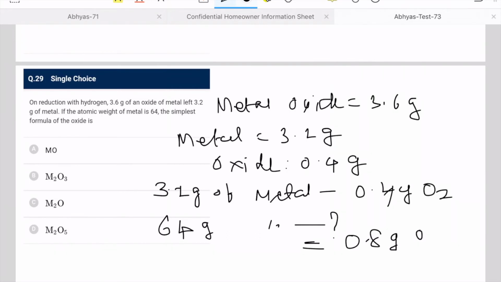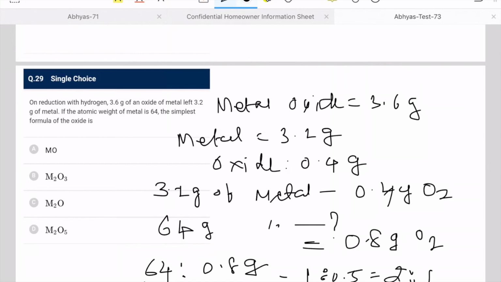So the molar ratio is 64 by 64 and 0.8 by 16, which gives 1 is to 0.5, or 2 is to 1.